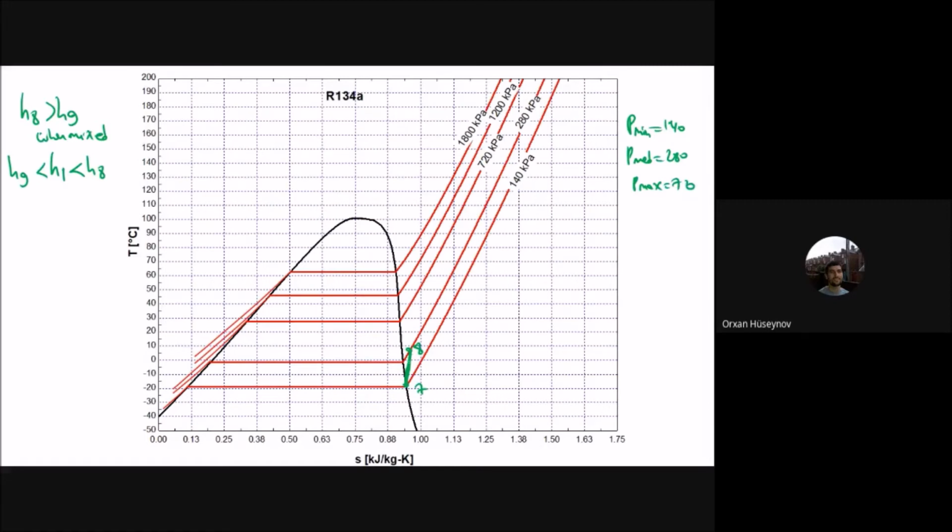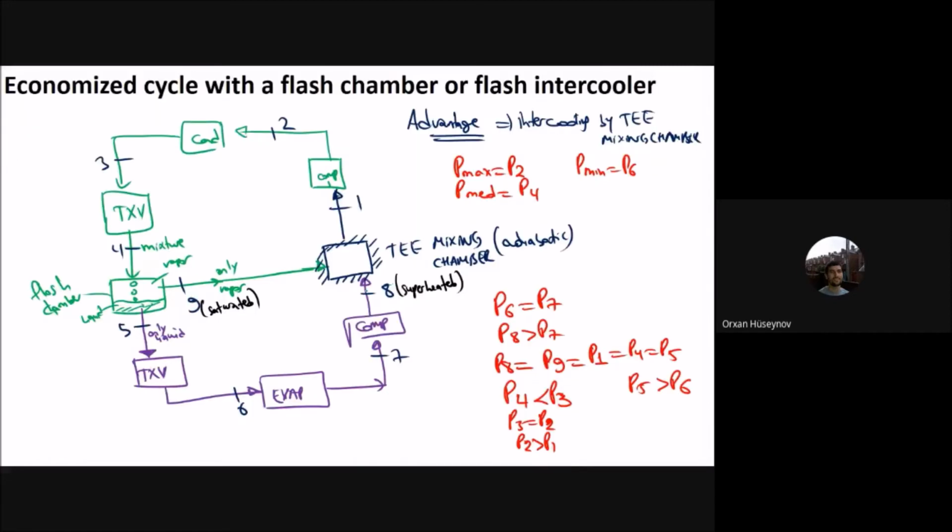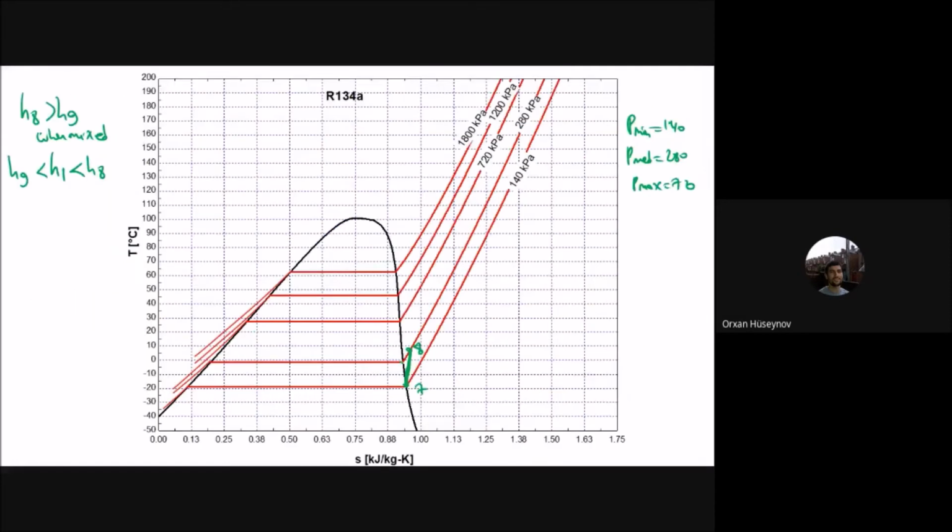Okay, so you have gone from 7 to 8. Okay, and then 8 and the 9 is mixed, and 9 is here. You can see it is saturated vapor. This is the 9. These are mixed together, and you will have some point that is in between. So you will have the point here. This one will be 9. If I get it closer.